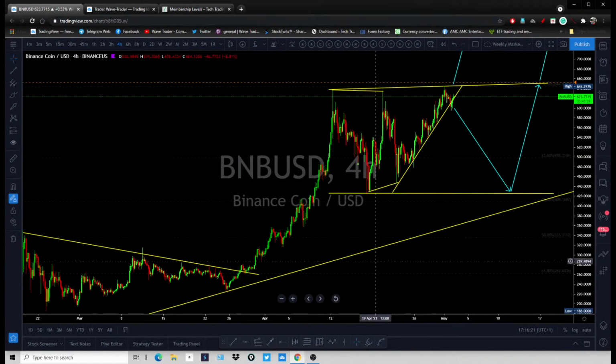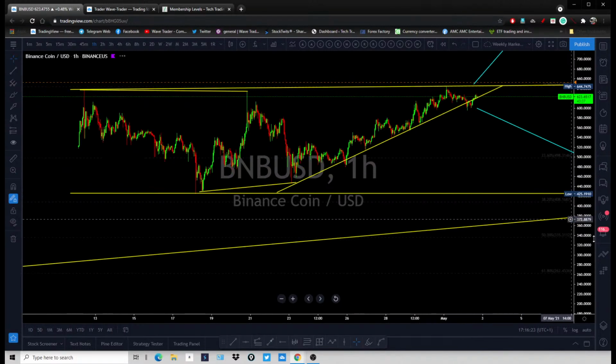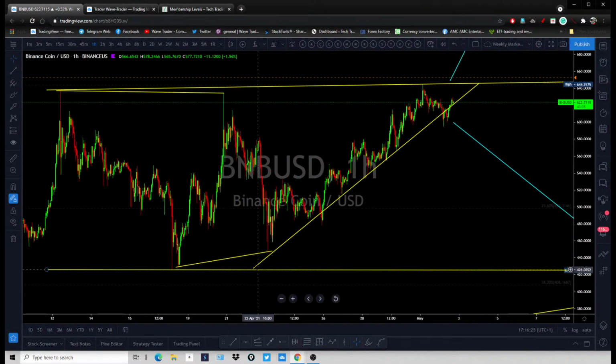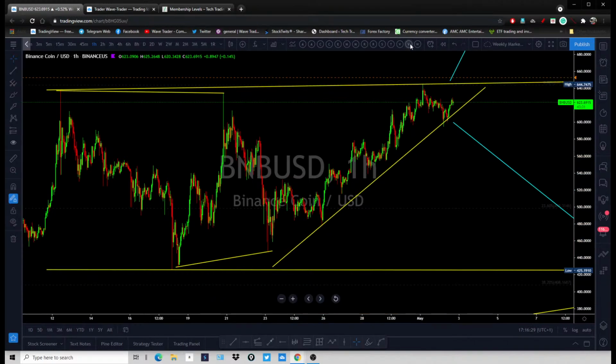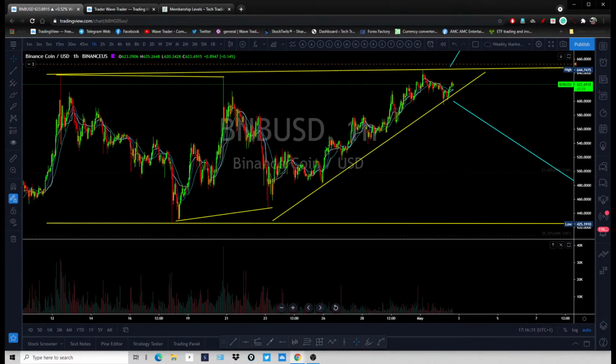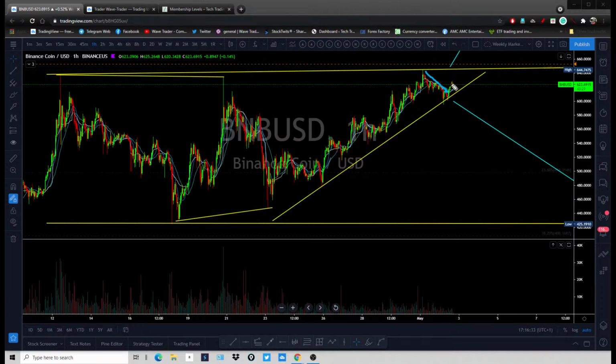If I look at the lower time frame, you are again looking at your volume chart. If volume keeps coming, you are looking for it to keep rising, breakout, correct, breakout, like that.